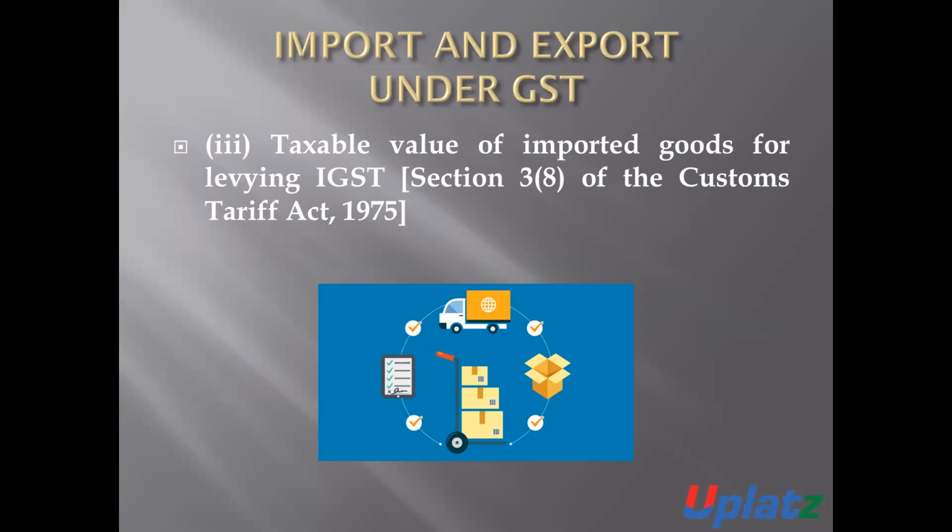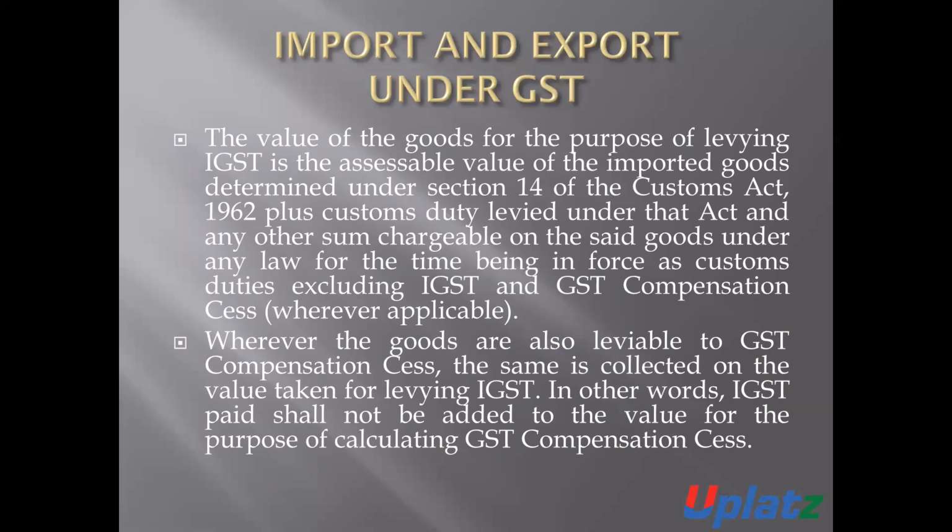The value of goods for the purpose of levying IGST is the assessable value of the imported goods, which is determined under Section 14 of the Custom Act 1962, plus custom duty which is levied under that act, and any other sum which is chargeable on said goods under any law for the time being in force, as custom duty, excluding IGST and GST compensation cess.